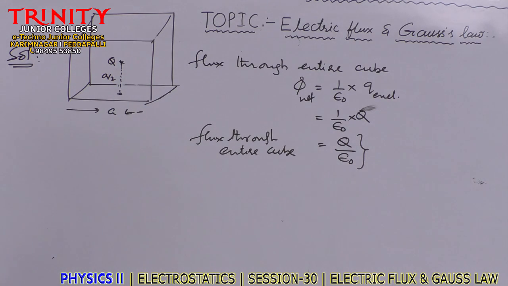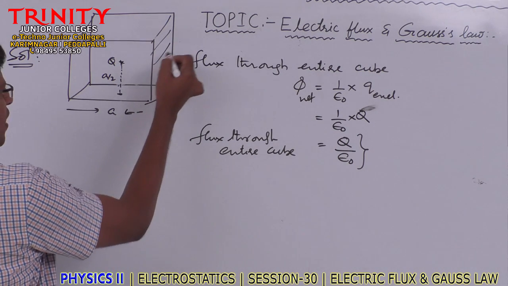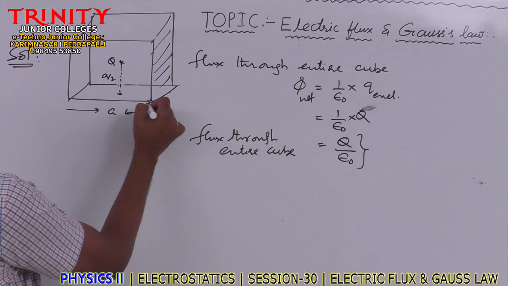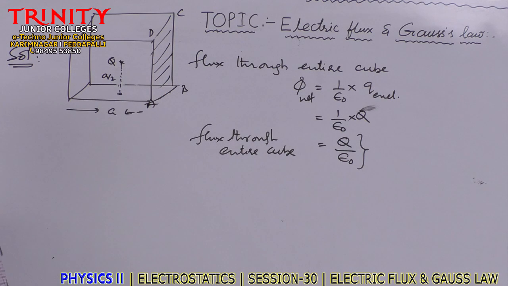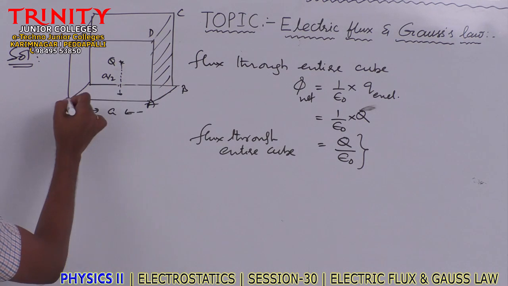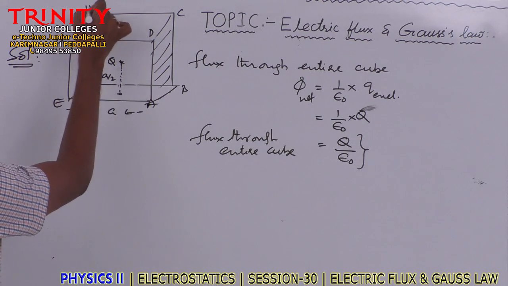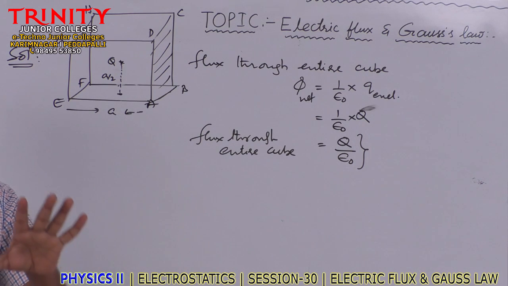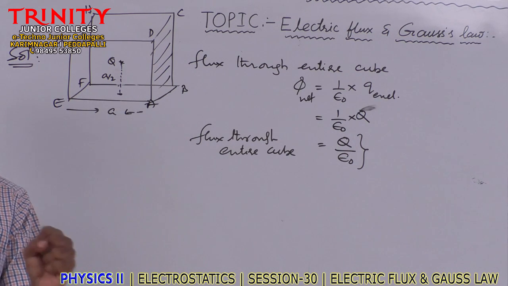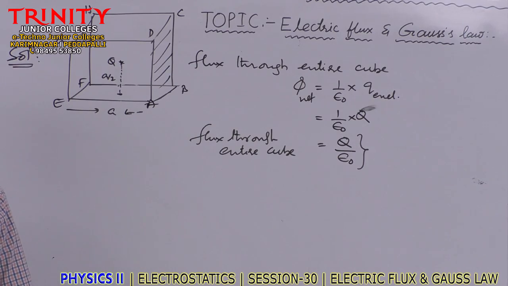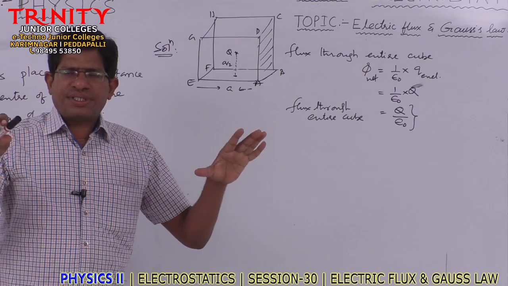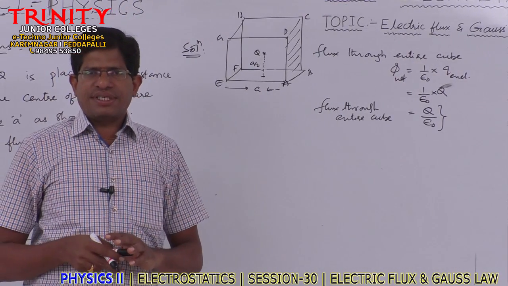But if I ask the question to you, what is the flux through one of the surface? Let us suppose this is A, B, C, D, or you can take any surface like E, F, G, H. Flux through one of the surface means how much charge is belonging to one surface. Because there are 6 surfaces, they are all holding the cube. How much does one surface hold the charge? Naturally, the charge is equally distributed, equally belongs to all the 6 faces.